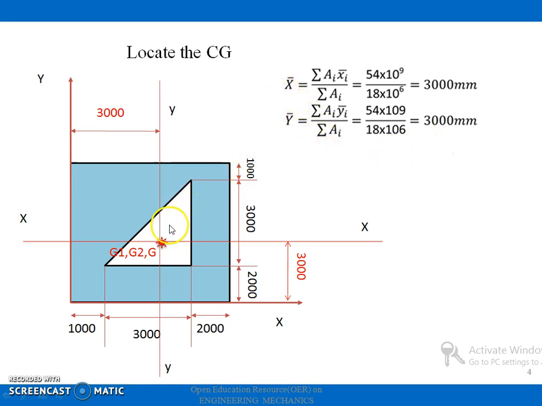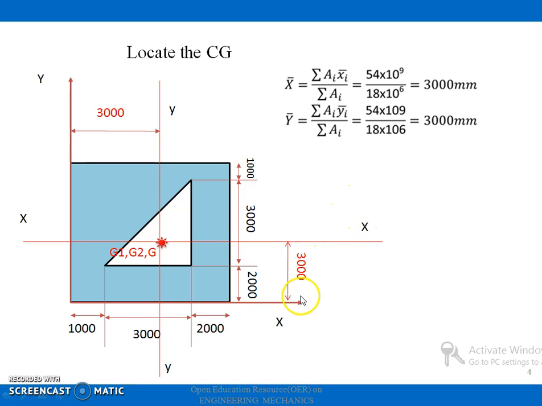So that means we are to locate the center of gravity here. This side Y is the leftmost axis and this is a reference x-axis passing through the bottom point of the section. So I can take this x bar equal to 3000 from this Y in this direction, and I can draw a line YY.